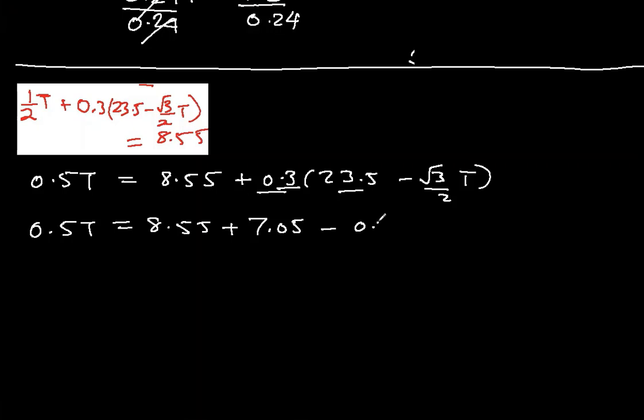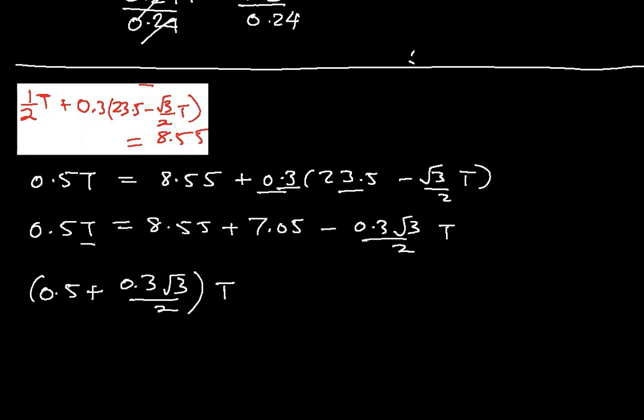minus 0.3 square root 3 over 2t, and this will go here with t to become 0.5 plus, it will become plus when it comes here, 0.3 square root 3 over 2, and both of them have t. I'm writing it outside. Together they will be 15.6.